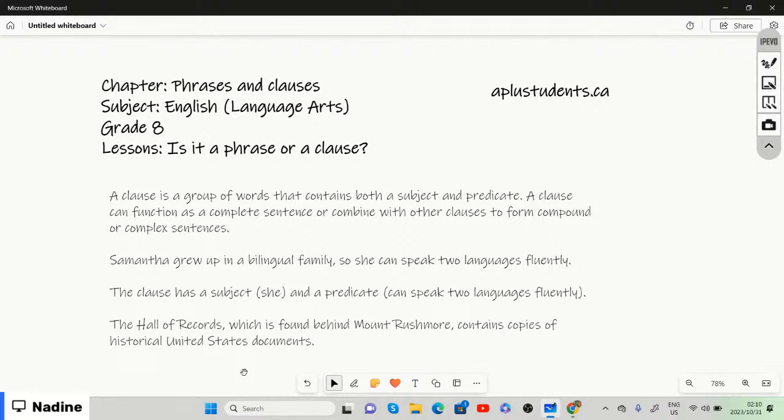And then, the Hall of Records, which is found behind Mount Rushmore, contains copies of historical United States documents.